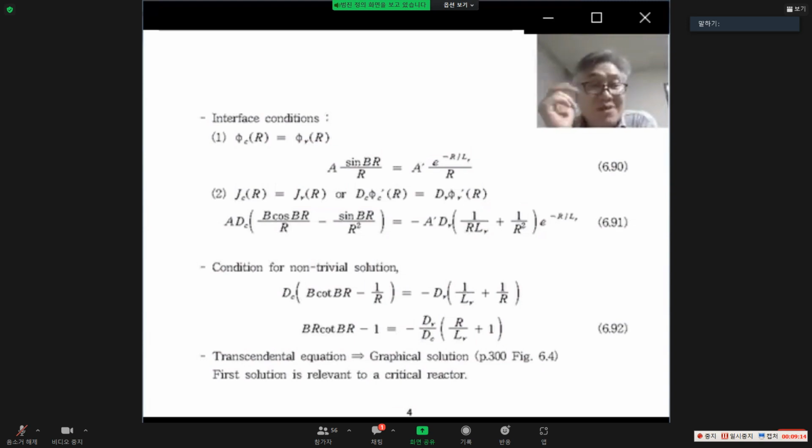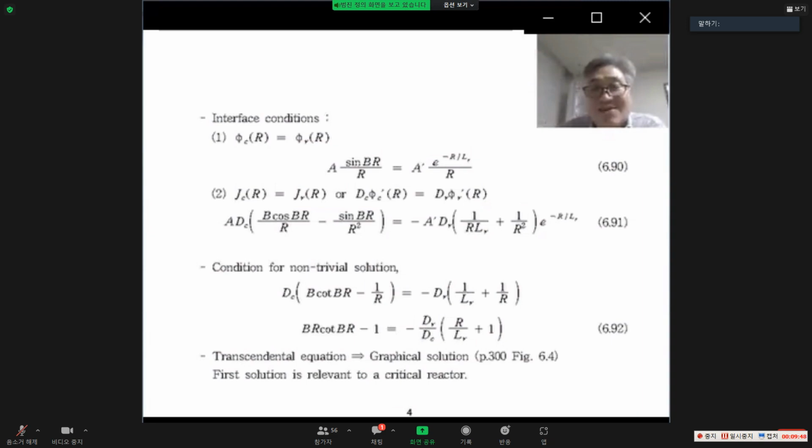This is a multiplied term, so we have two terms. When we differentiate the general solution and substitute large R in place of small r, we get 6.91. And we have 6.90 and 6.91.